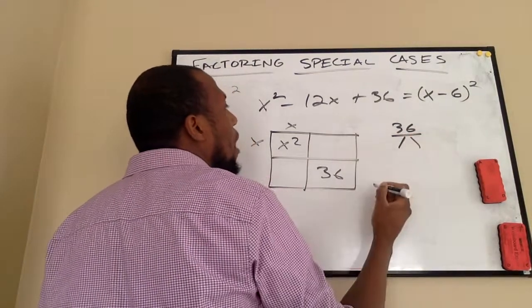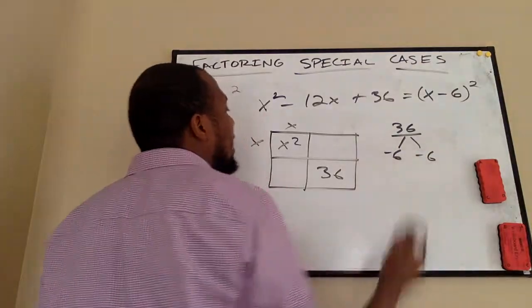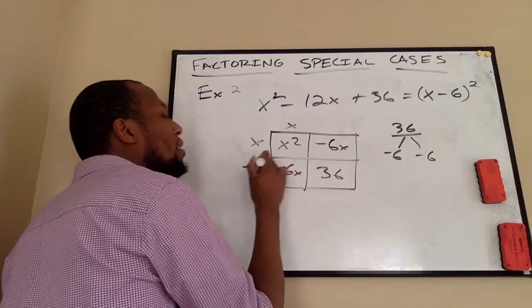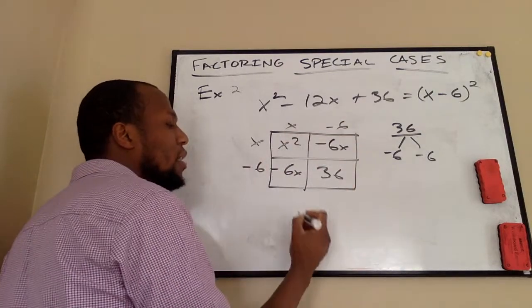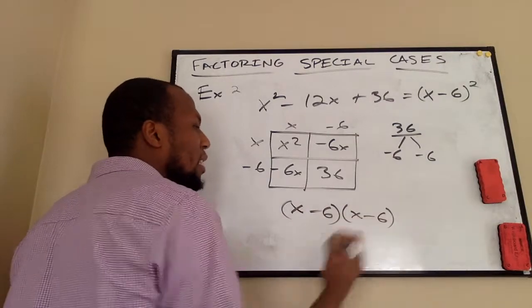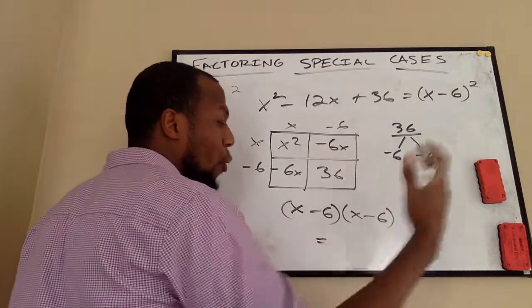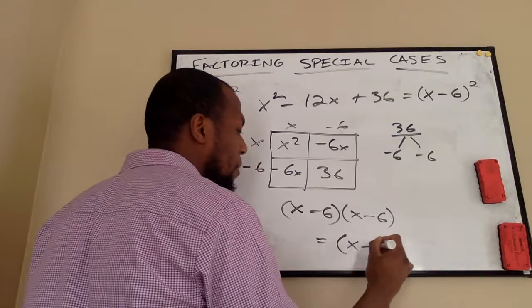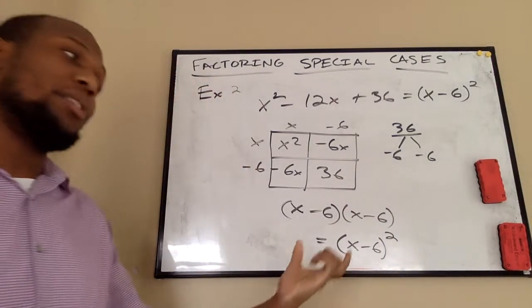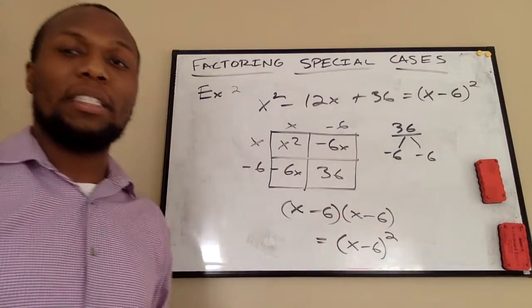Negative 6 and negative 6 works for us, so we got negative 6x, negative 6x. So that's going to be x minus 6 times x minus 6, which we are going to simplify to be x minus 6 squared. That's why we call it a perfect square, because it's one of those binomials raised to the second power.